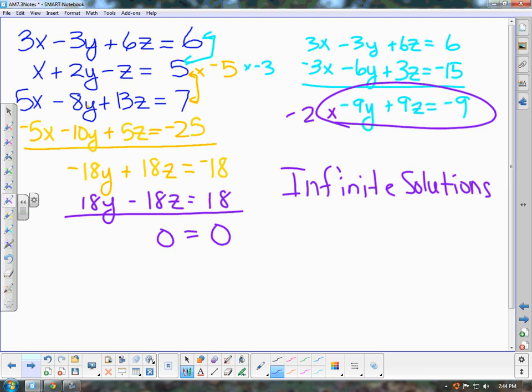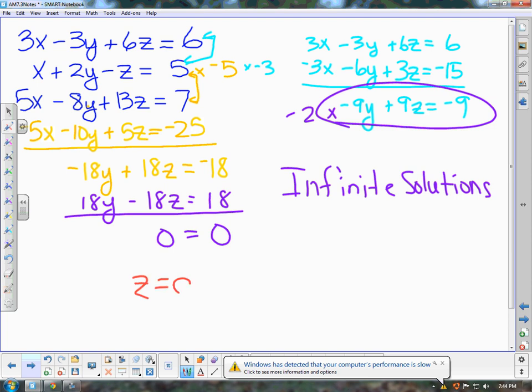In this case, take any one of these two equations and pick a new variable. Say z equals a. Because in one of these two equations we know we have a z or a y. So if we say z equals a, then we would have a negative 9y plus 9a equals negative 9.